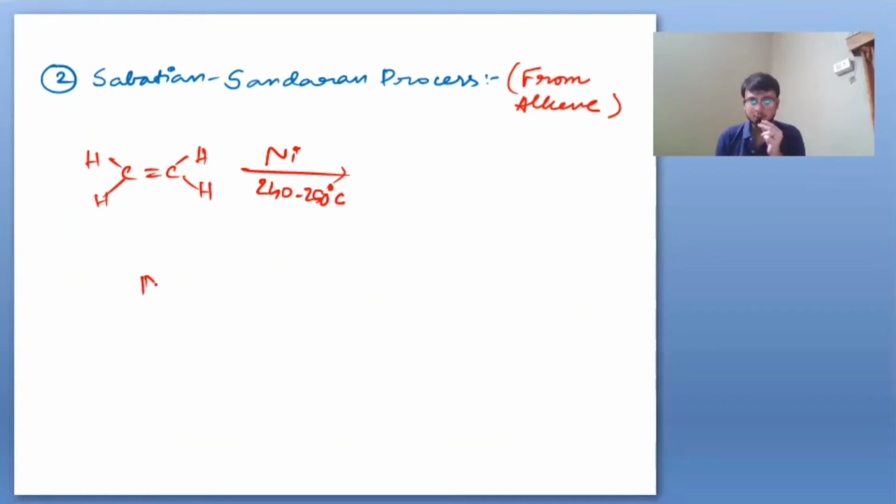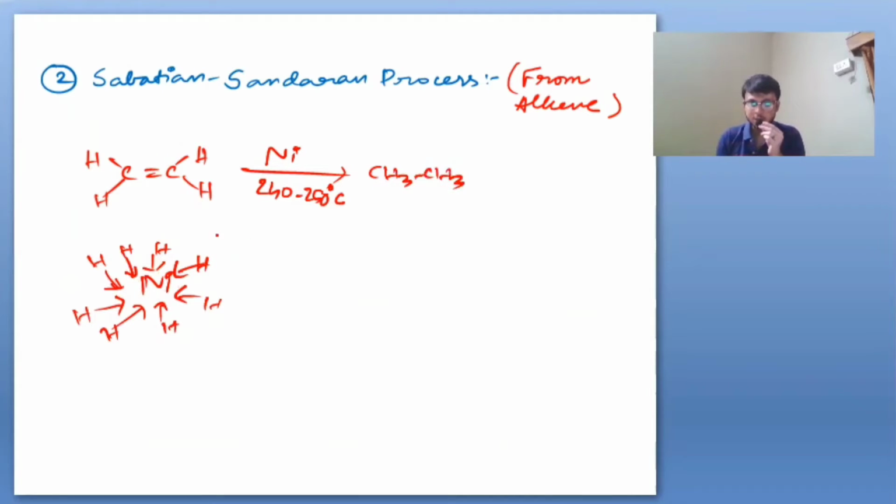Now, this is based on the principle of adsorption of hydrogen or occlusion. That is, hydrogen gets adsorbed on the surface of this Ni metal, and now if we heat it the hydrogen goes out and breaks the double bond and gets attached to it. So that's how it gives us CH3 CH3.